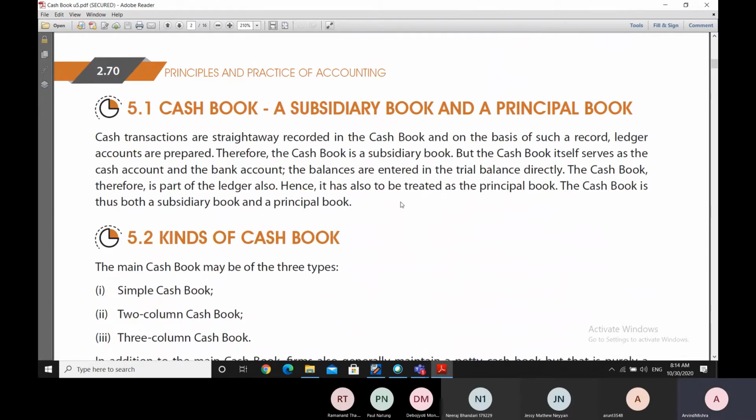Now, whenever we do cash transactions, we just straight away record them in the cash book. And when we record them in the cash book, thereafter we post them into the ledger.